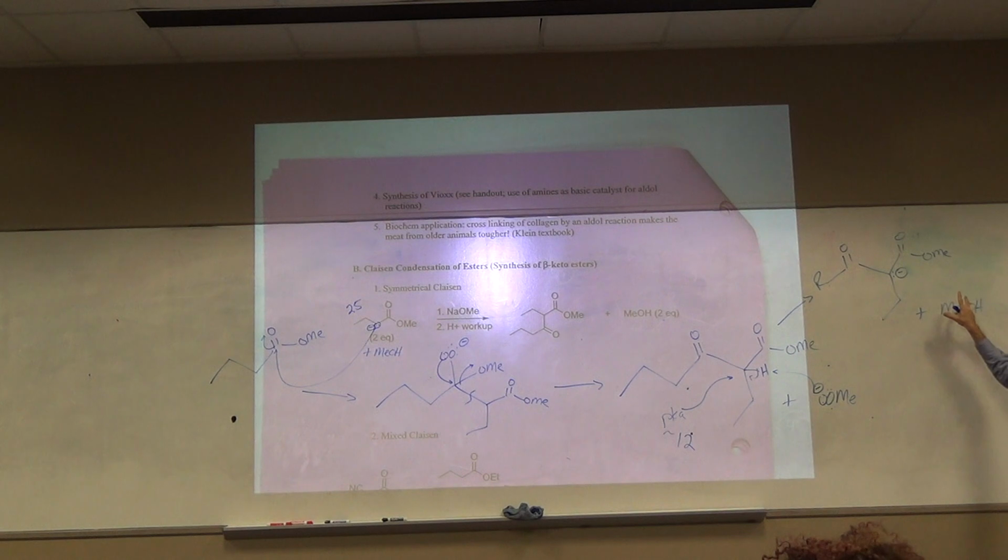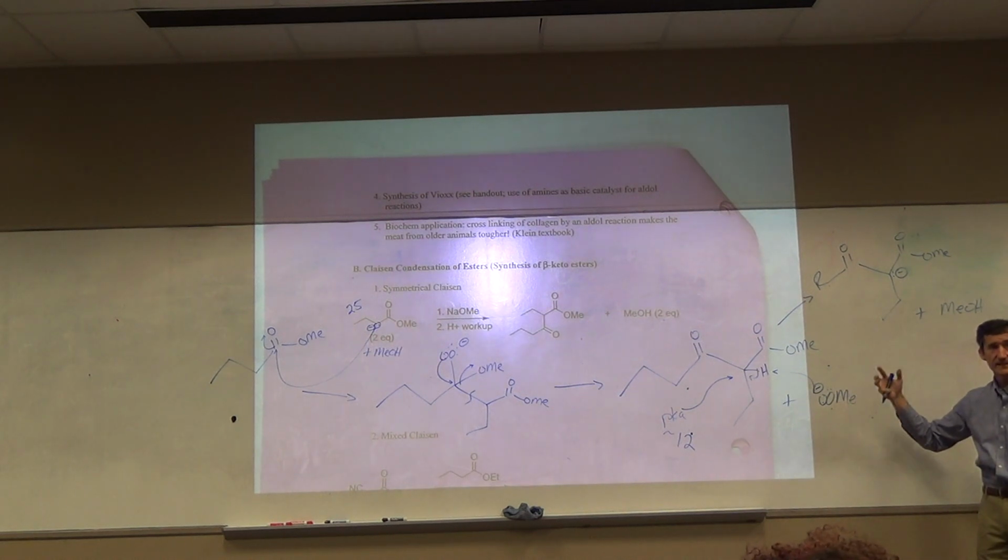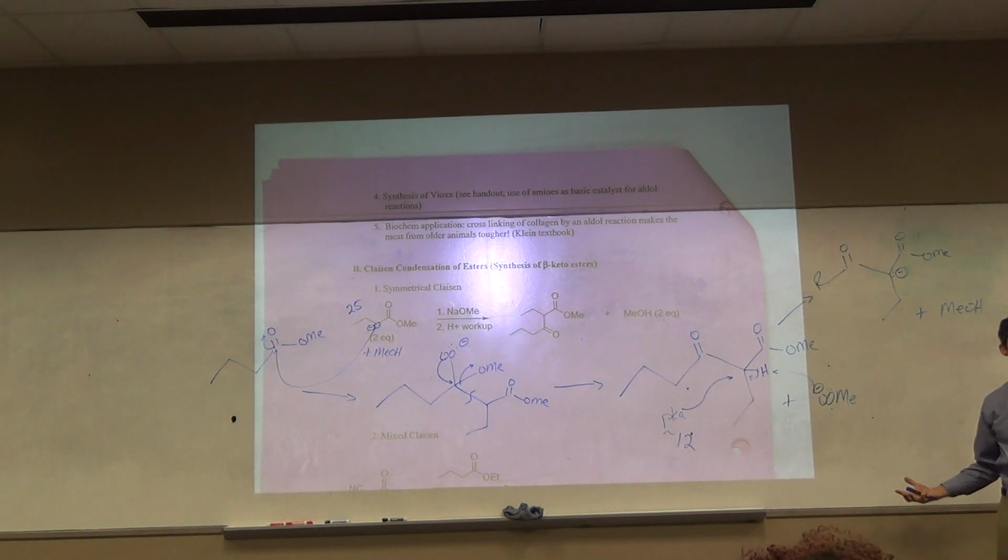And at this point, do you have any methoxide left? No. Methoxide is not a catalyst here. It's not reformed. I mean, it is here, but at the end of the reaction, it's not there. So it ain't a catalyst if it ain't there at the end.